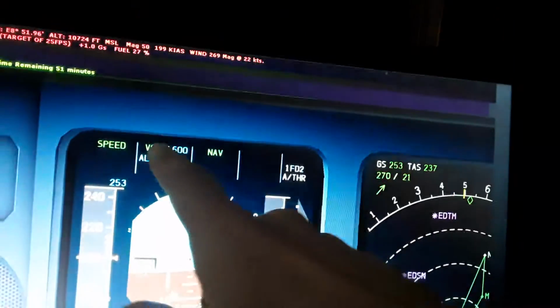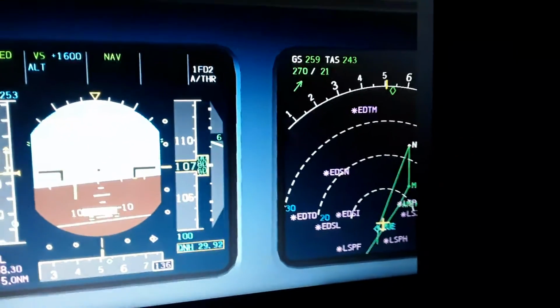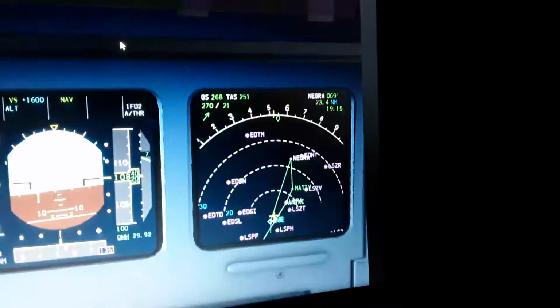You can see the modes right now which are engaged in the flight mode annunciator. You can see we're flying at 10,000 feet right now.